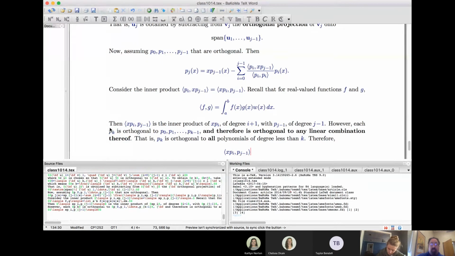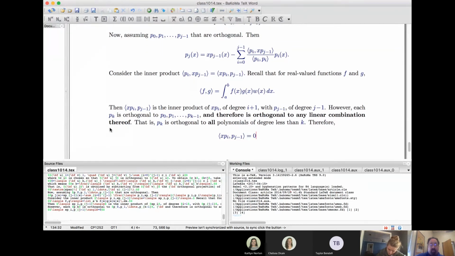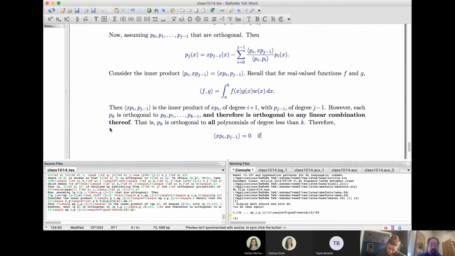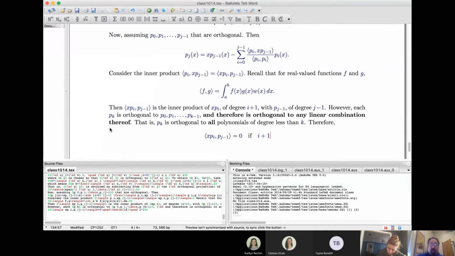So this inner product is equal to 0 if I plus 1 is less than j minus 1, or if I take this plus 1 and move it to the other side, then I have I is less than j minus 2. So these coefficients here, most of them are 0.